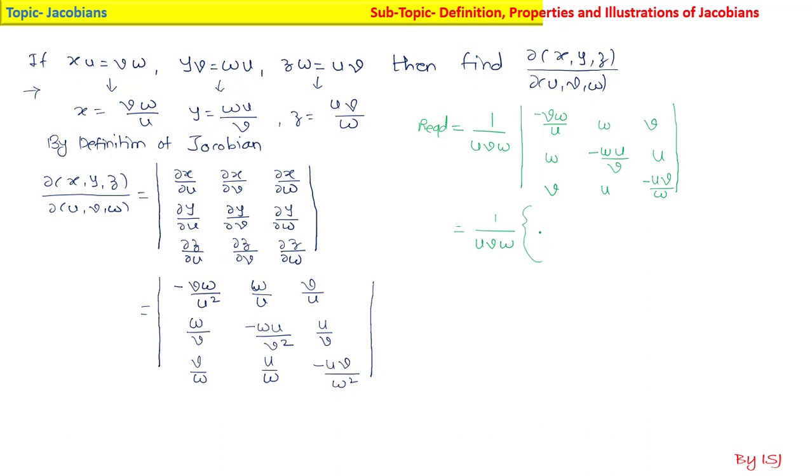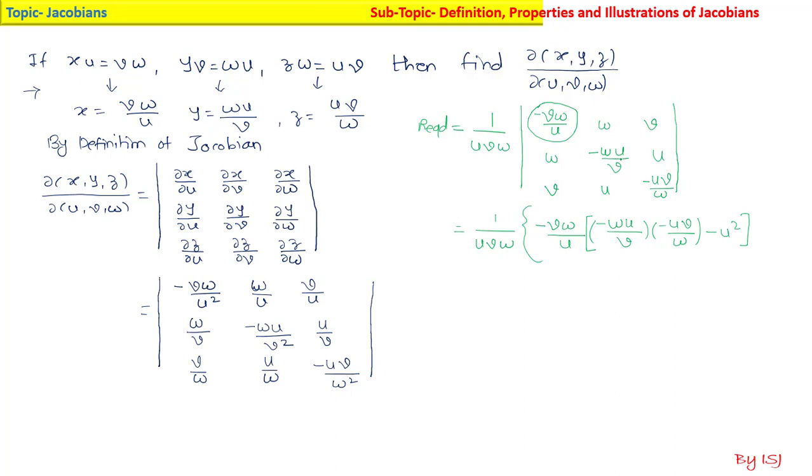Now let us apply the formula for the determinant along the first row. So it is minus vw upon u, this entry, into the minor of this. Delete the row and column. What remains? This into this minus this into this: minus wu upon v into minus uv upon w, minus u square.